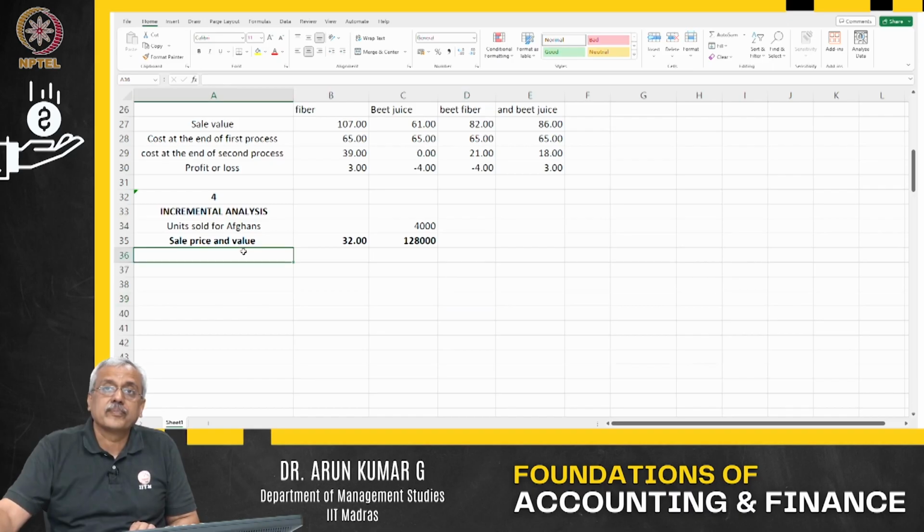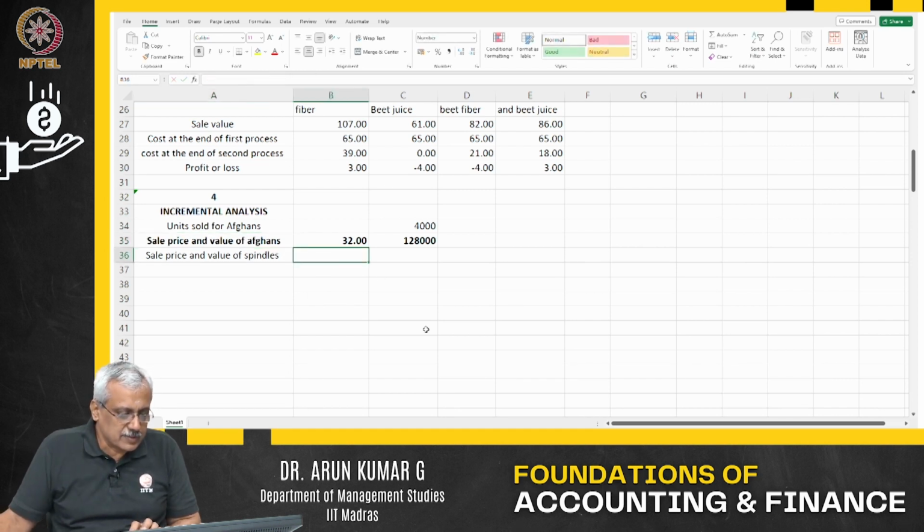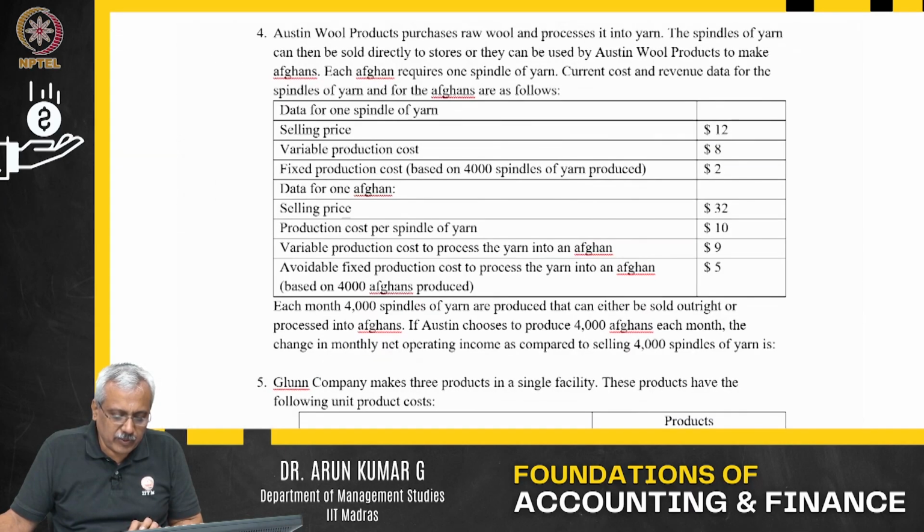Let me look at the sale value of the spindles. Sale price and value of spindles. If I sell it as spindles, if I go back to my problem, my selling price is $12.